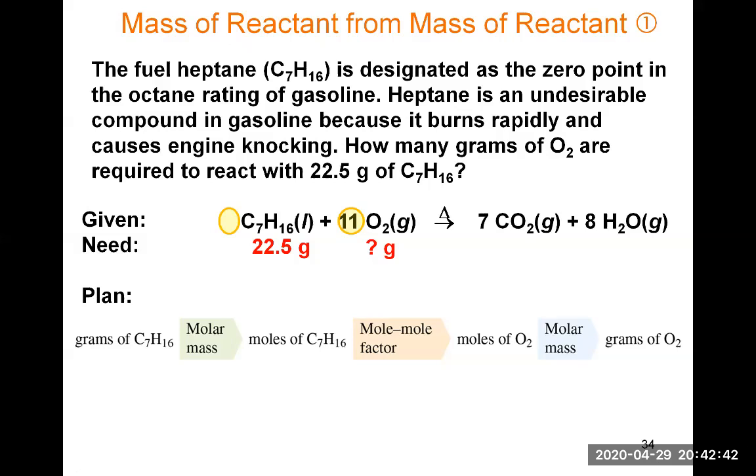So here is the roadmap, and this summarizes that. So it shows that we will need the 3 conversion factors. The first one will change the grams of heptane to moles using the molar mass of heptane. The second one will change the moles of heptane to moles of oxygen using the coefficient from the chemical equation. And the last one will be using the molar mass of oxygen.